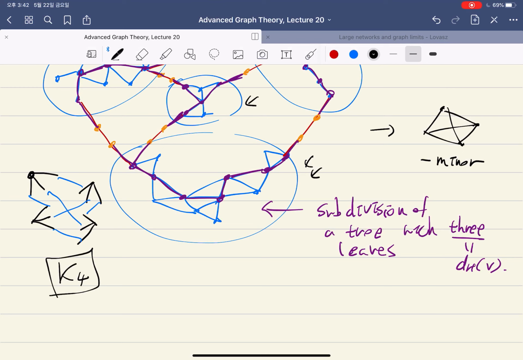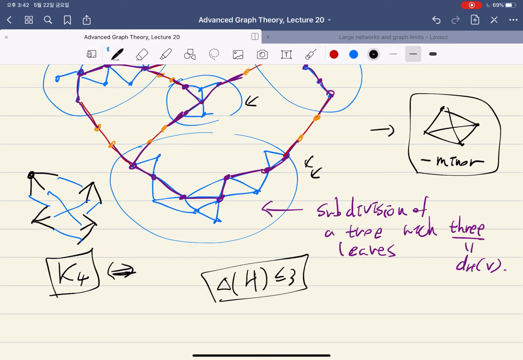So this actually is correct. This is not surprising because we know that having a K4 minor is the same as having a K4 subdivision. For any H with maximum degree at most 3, having an H minor is the same as having an H subdivision.